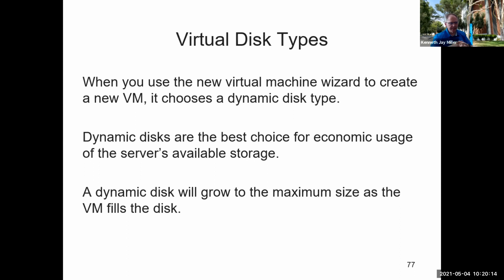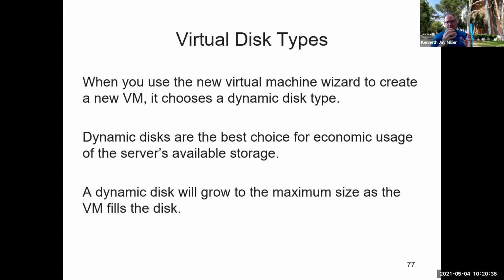And a dynamic disk, you basically say it can grow up to its maximum size. So when we say it's going to be 40 gigabytes, that means it can go up to 40 gigabytes in disk size. So it's going to start at 4 gigs, right? That's the default size.